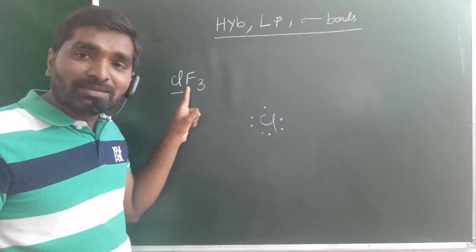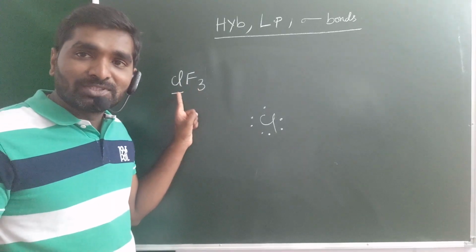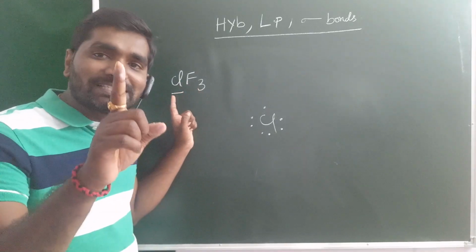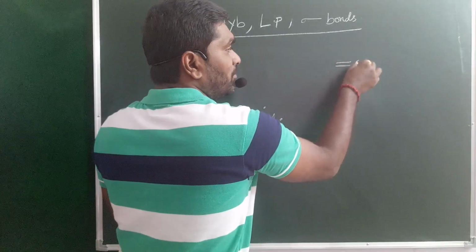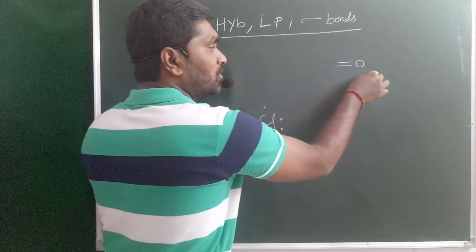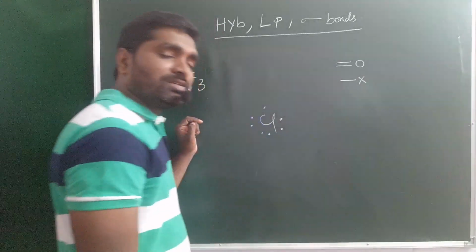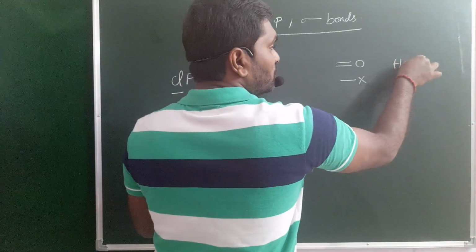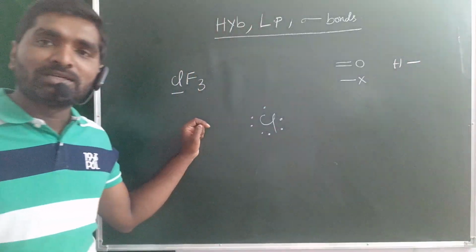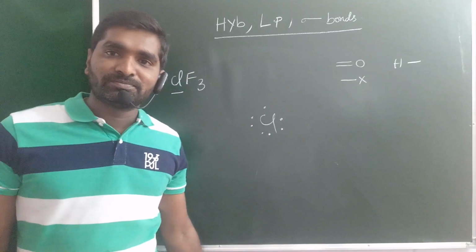In ClF3, the surrounding atoms are also halogens. Halogens form only sigma bonds, single bonds. Oxygen, which is bivalent, may form a double bond. Hydrogen also forms only a single bond. This is the primary data.